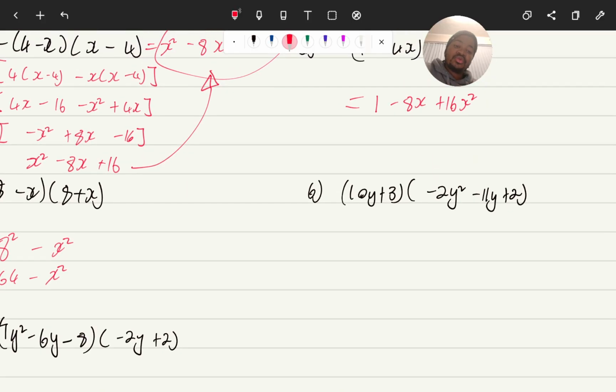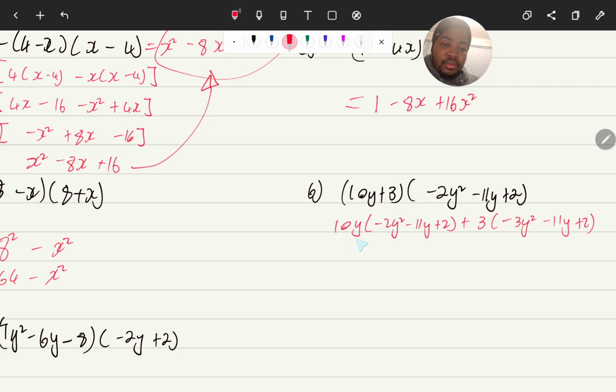So now we have these two ones, which are the longest. So here you will say 10y into, then plus 3. Cool. Now we just multiply.